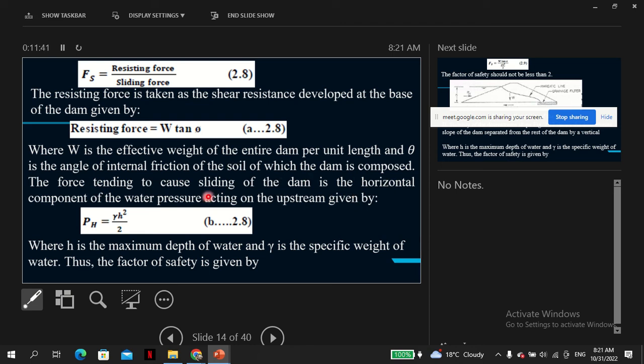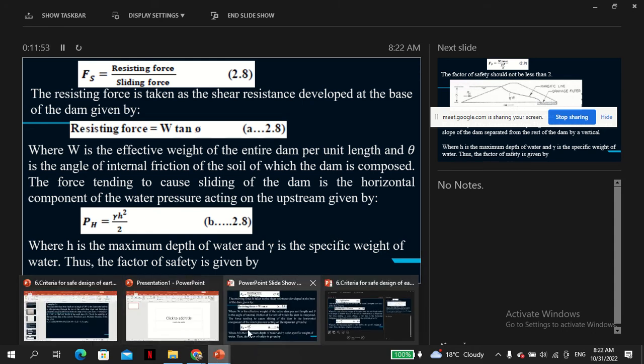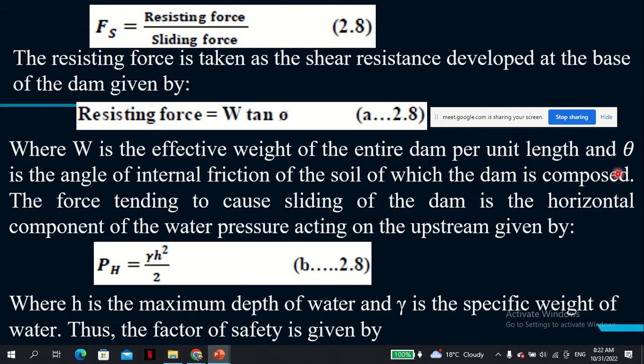The force tending to cause sliding of the dam is the horizontal component of the pore water pressure on the upstream. So we need to change this. That should be phi.